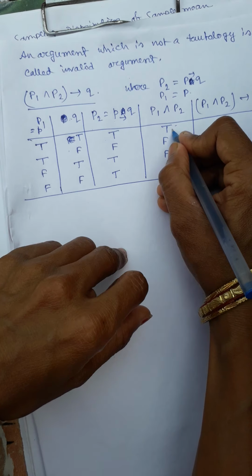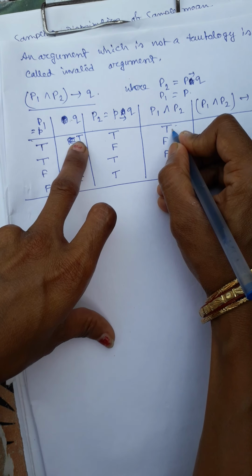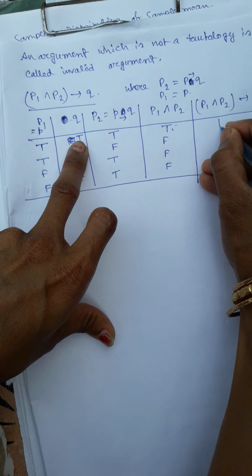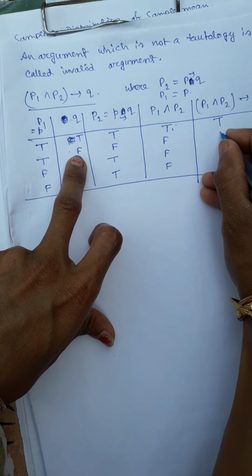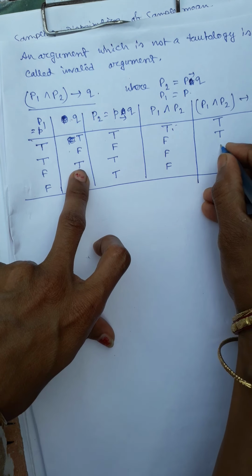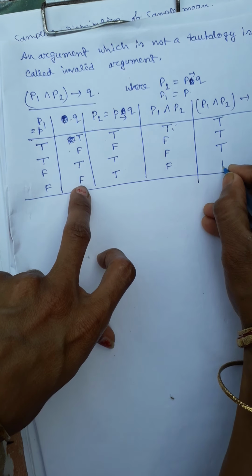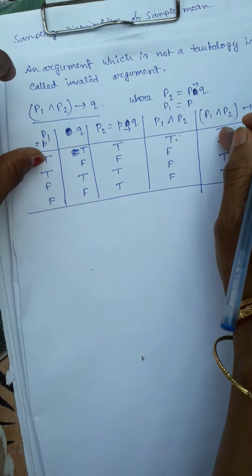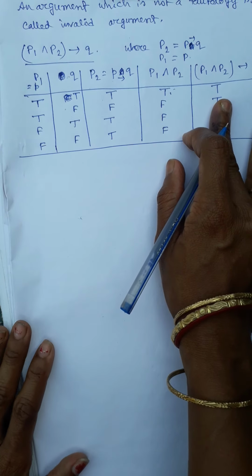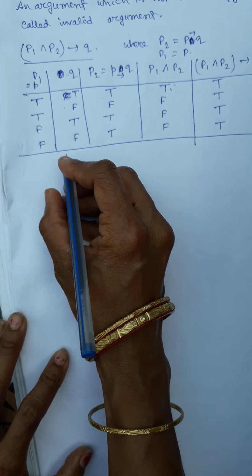Then this one tends to small q. This is true, false, false, so it is true; false, true, so it is true; false, false, it is true. So all this expression in the last column is true. That means it is a tautology.